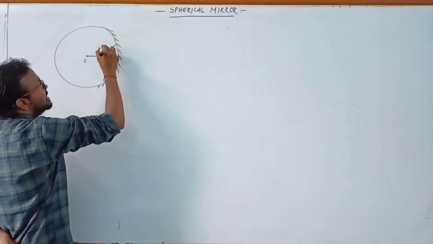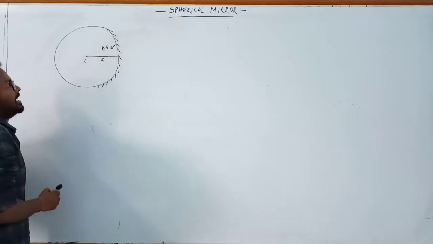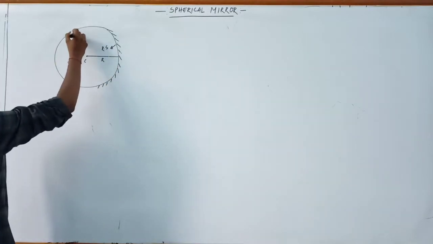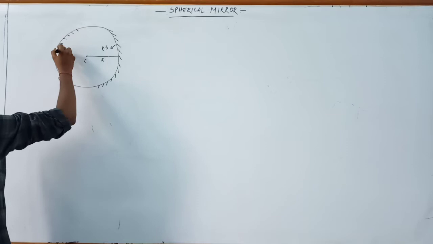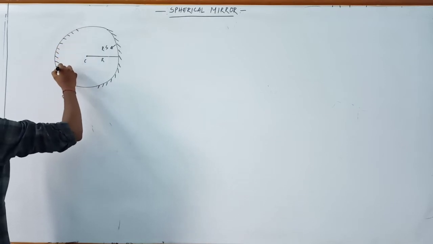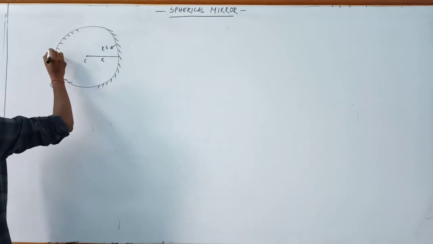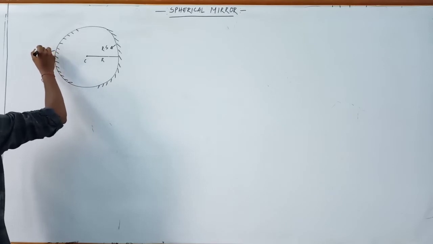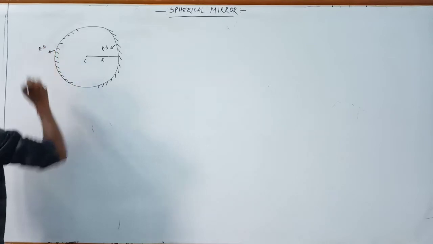Similarly, if we silver the inner side of a spherical mirror, then the outer surface is the reflecting surface.